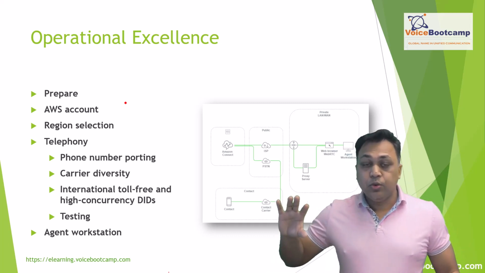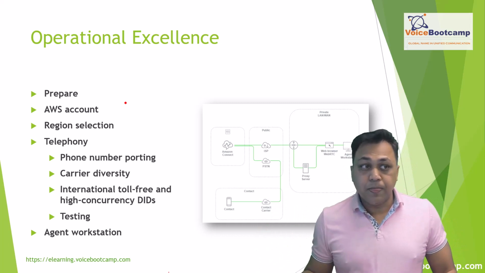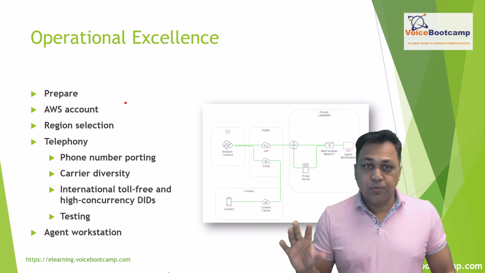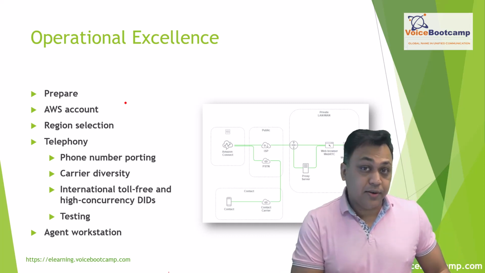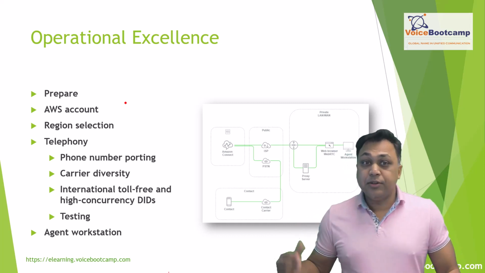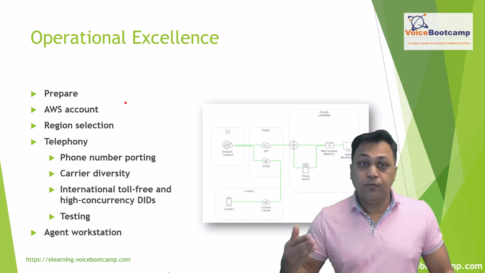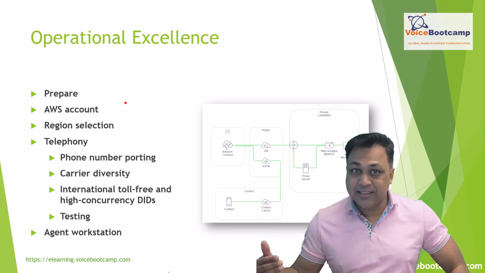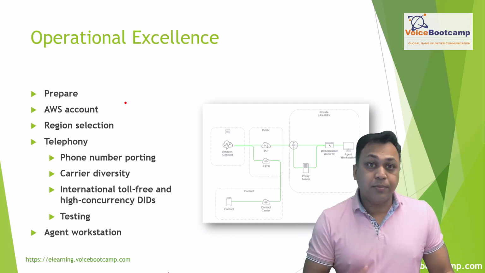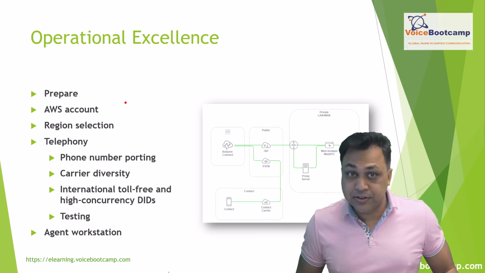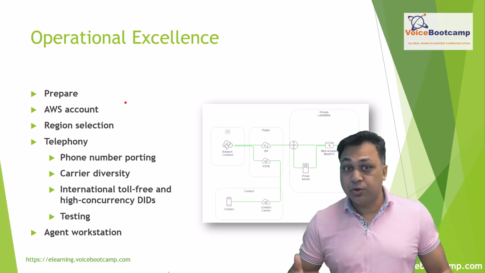For example, when you register a company in Singapore, your corporate structure may not be the same as if you have a company in the US. In Singapore, you may have a company called Voice Bootcamp Limited, Ltd., whereas in the US, your company name might be Voice Bootcamp LLC. In Canada, it could be Voice Bootcamp Inc.